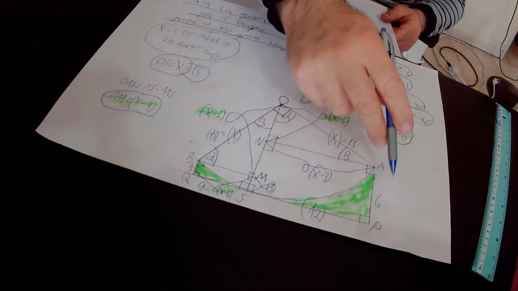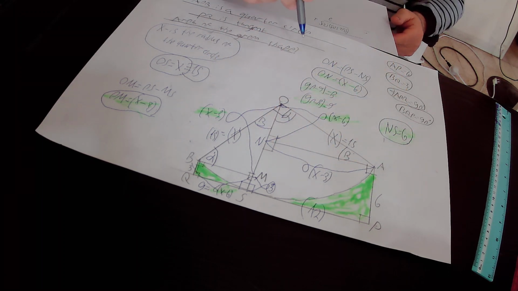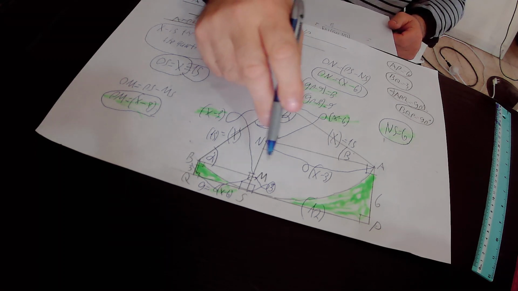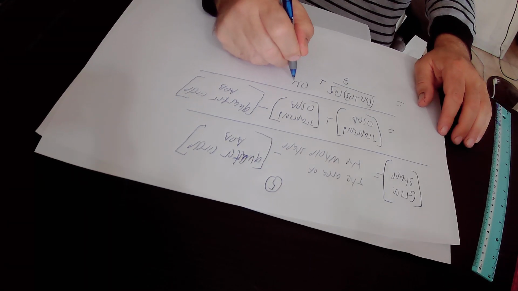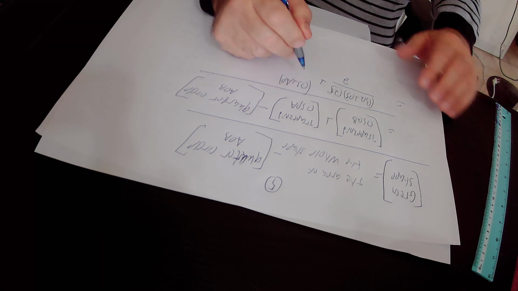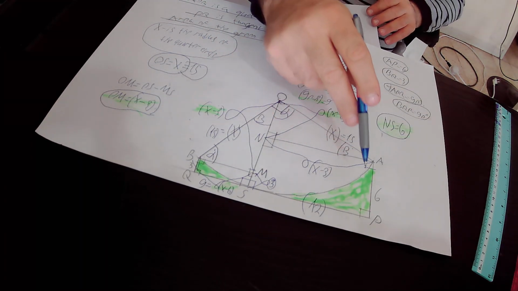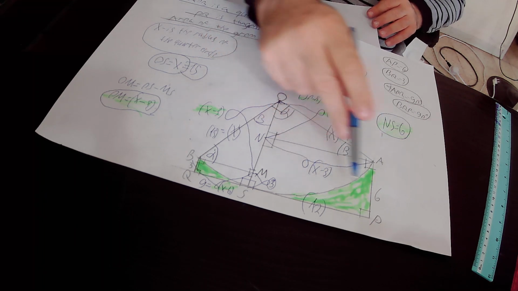What is the area of this trapezoid OSPA? The area of trapezoid OSPA equals the sum of its two bases, that is OS plus AP, times the height. The height must create 90 degrees with the two bases.